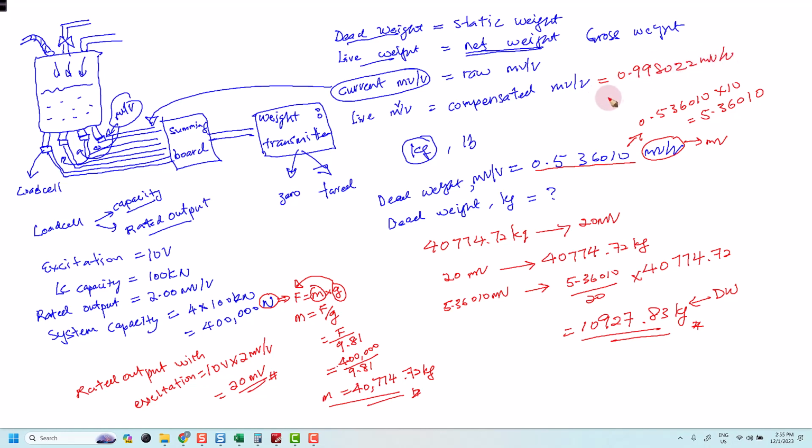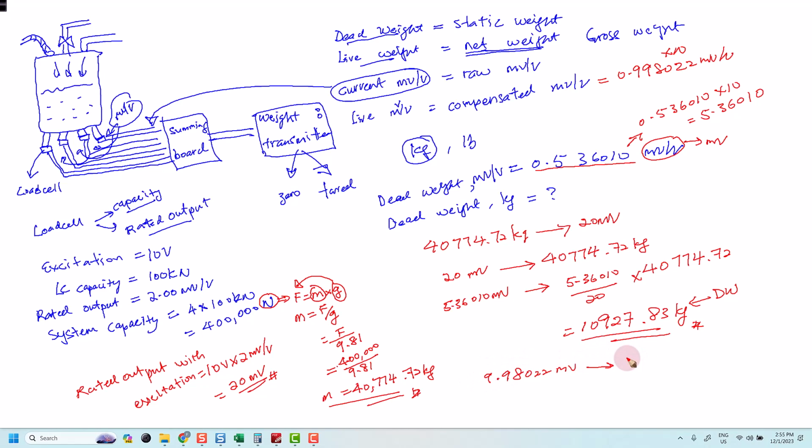So this one has to be converted to live millivolt with excitation. You multiply by 10 and then you will get 9.98022 millivolt.